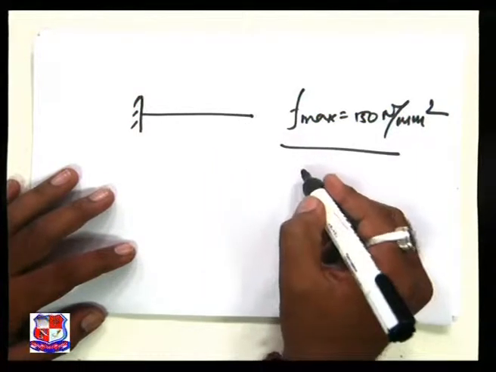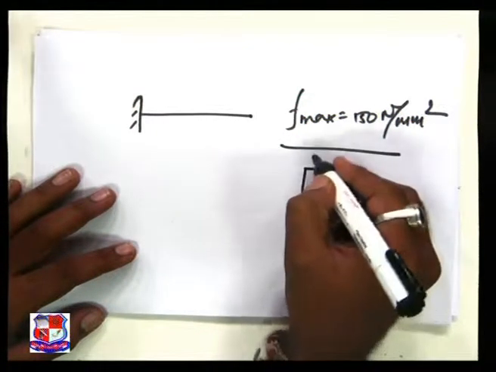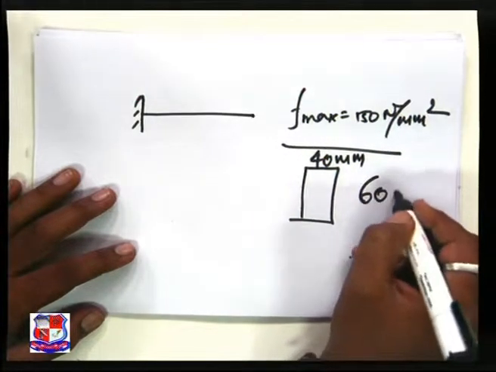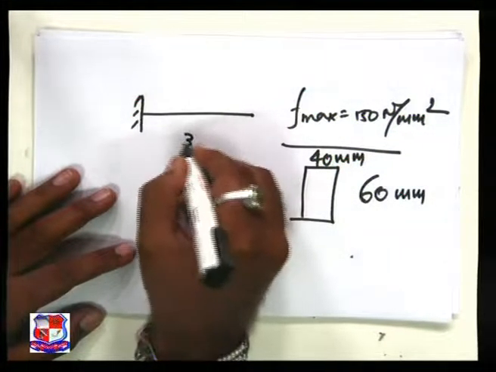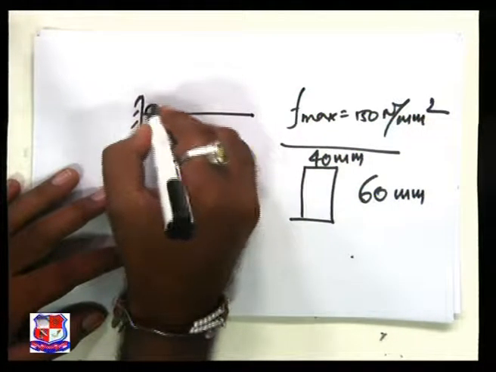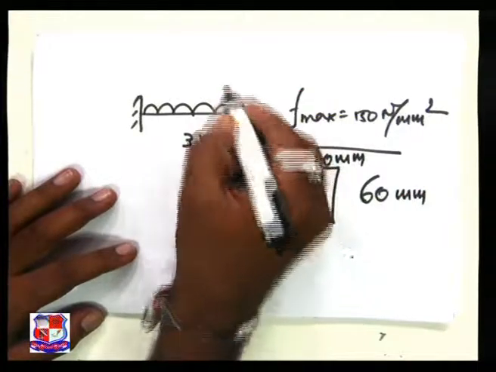The section has been given as 40 mm by 60 mm, and the length as 3 meter. Our intention is to find out the value of UDL.